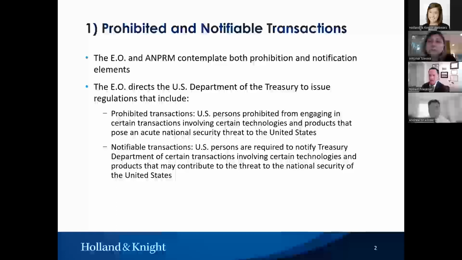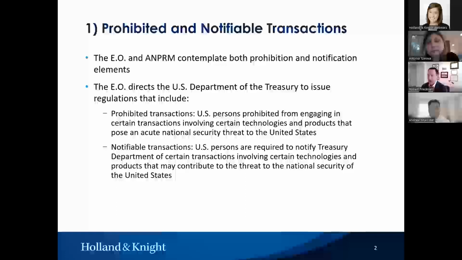In one sense, the regime that's being proposed for U.S. investors creates essentially two binary choices that must be self-determined by the investor. The first is transactions will either be prohibited or not, or they will be subject to notification requirements or not.